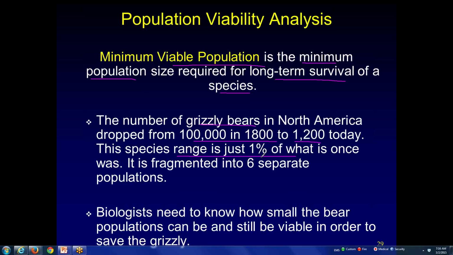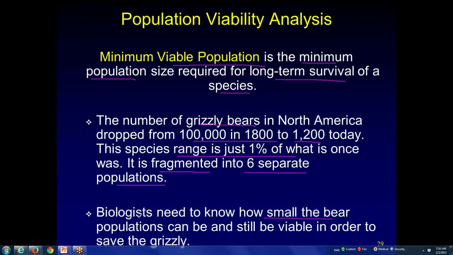Very, very limited. And of course, a large part of Canada and Alaska. It is very fragmented into 6 separate populations, kind of scattered across North America and the American West and the Rocky Mountain region.